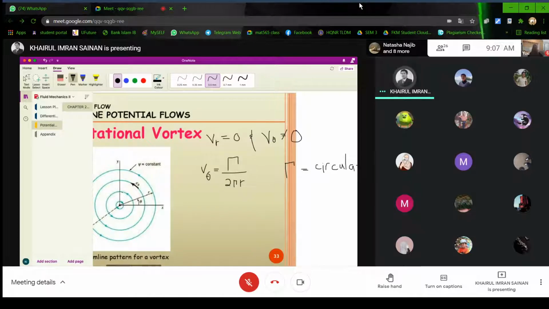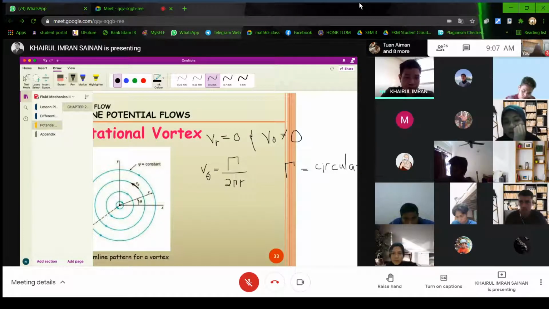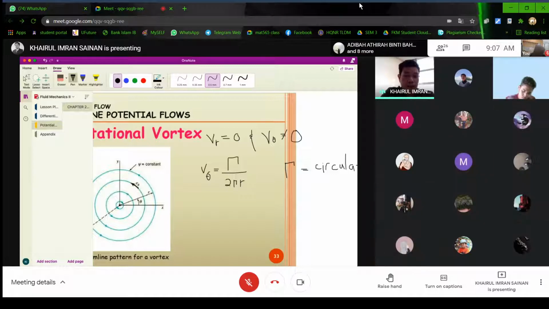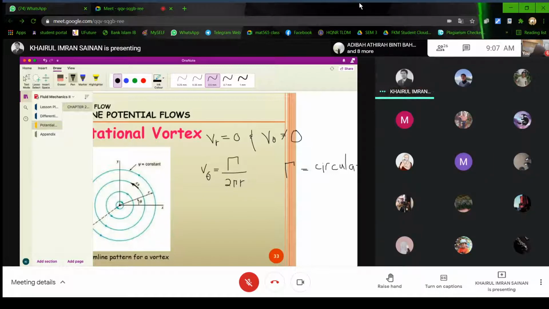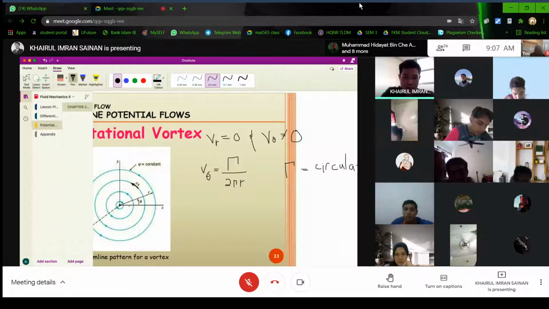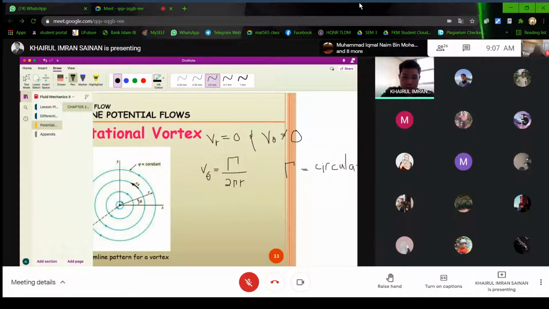I mean, if you want to determine V theta 2, for example, this is V theta 1, V theta 2, V theta 3, R is only the distance. So if you want V theta 1, this is the distance. You all can see my cursor, right? Can you all see my cursor?